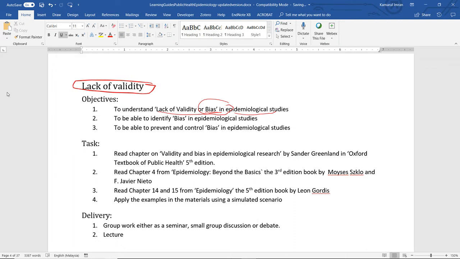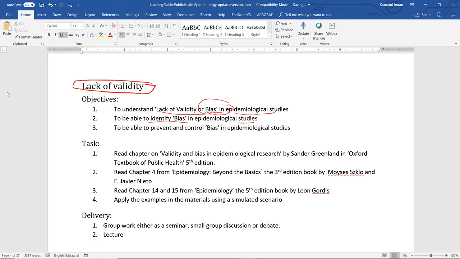You should be able to identify biases in studies, in projects, research, data collection, surveys.